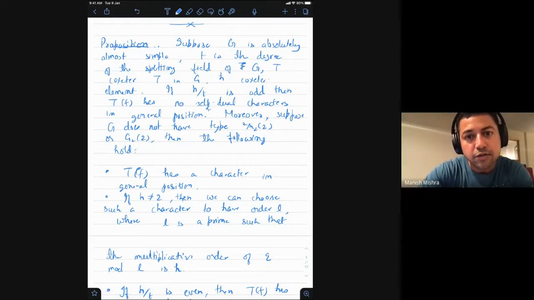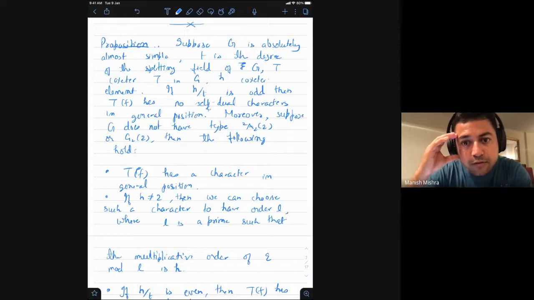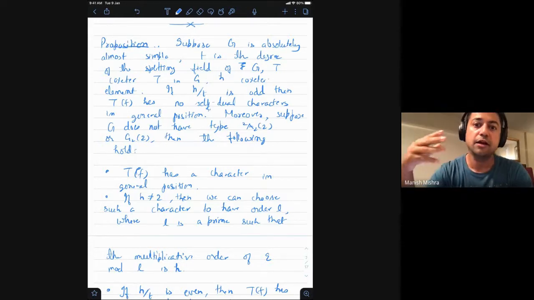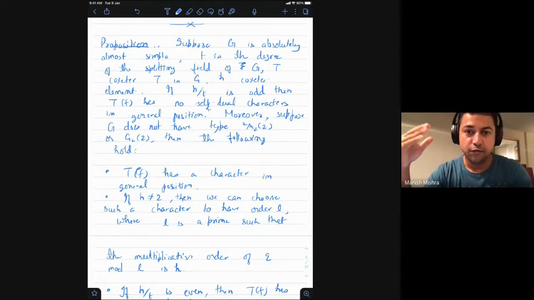So the Coxeter number is 12. You get 12 divided by 3, so it's 4. So it's even. Okay, thanks.